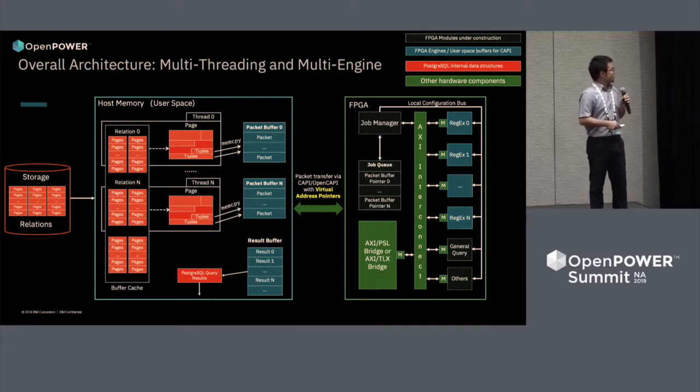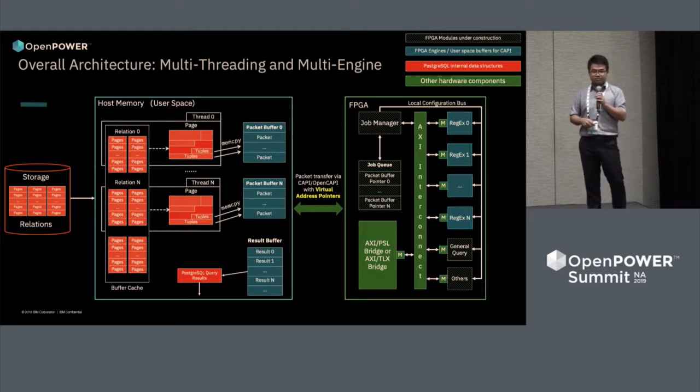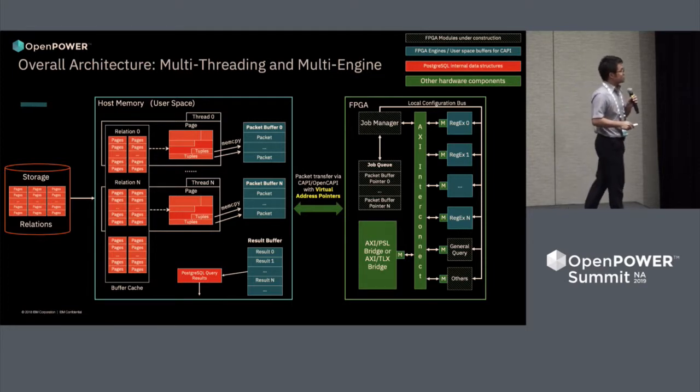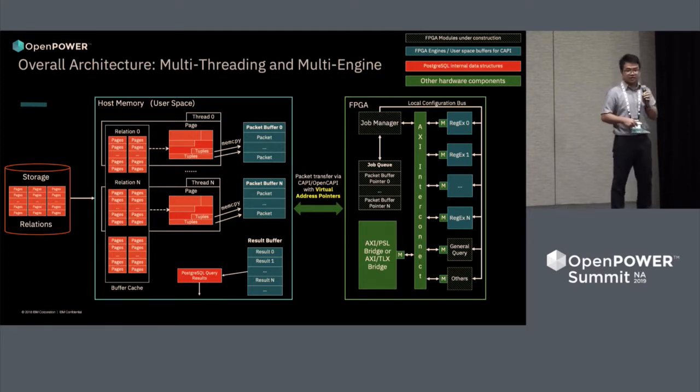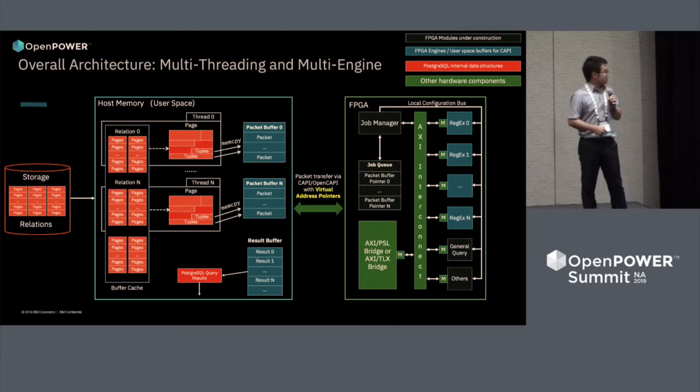We also have a plan to have a hardware job manager on the FPGA so that the job scheduling will have less overhead, but this component is also in progress. Currently, all the engines are controlled by software directly with MMIO access. So this is the overall architecture.